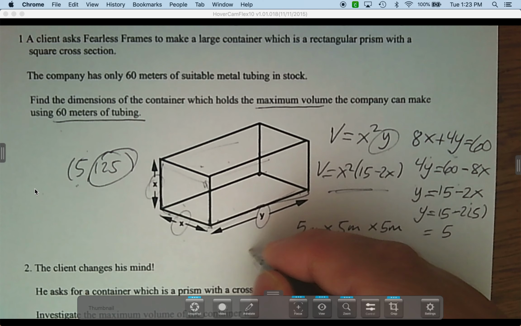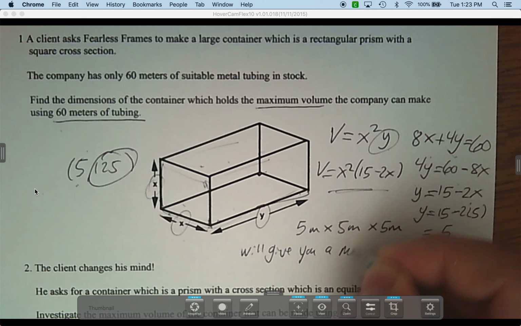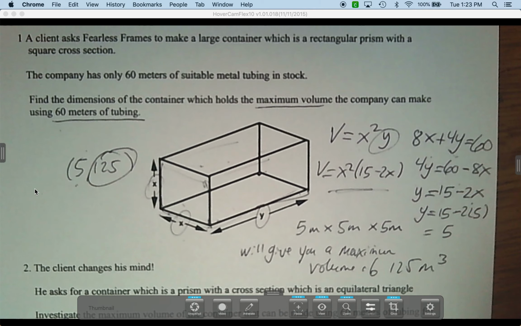That would maximize the volume. And the maximum volume would be 125 meters cubed.